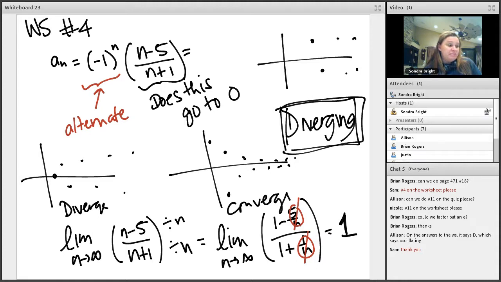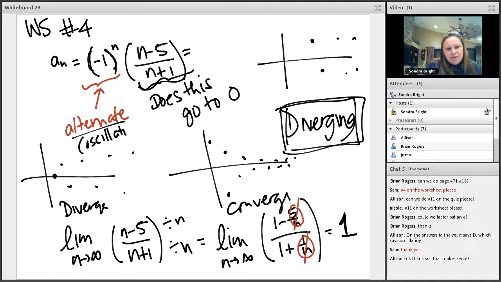It does oscillate, that is true, but because this guy goes to 1, and then you're at negative 1 to a power, it just keeps going back and forth, and it's not going to 0 as n goes to infinity. Okay, good. Just keep this in mind. I wrote alternate here. It's the same thing as oscillating.